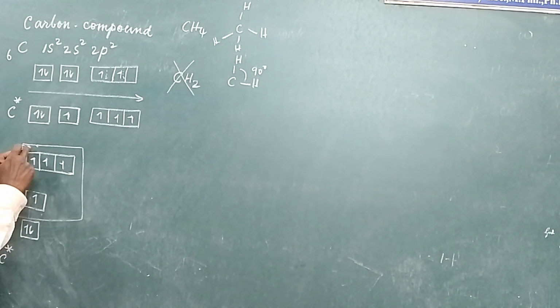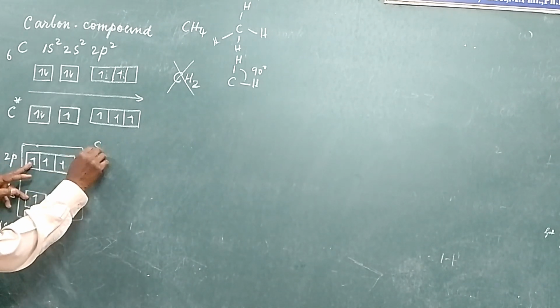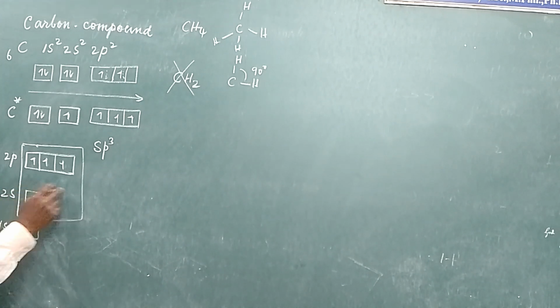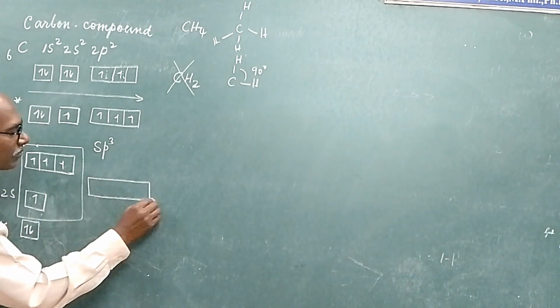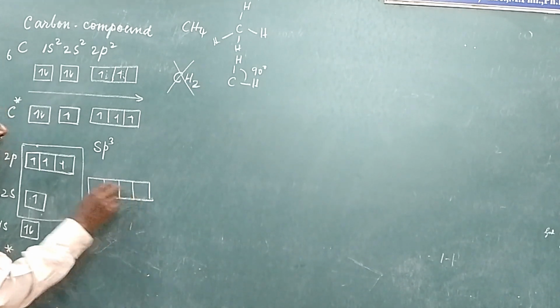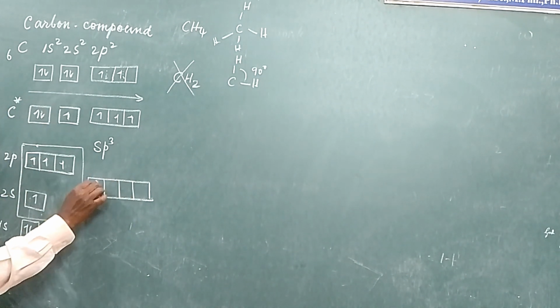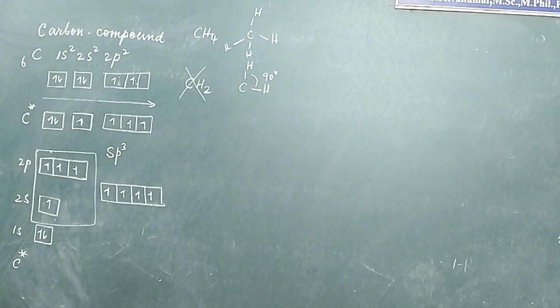So this combination of 3 p orbitals and 1 s orbital, it is called sp3 hybridization, and the hybridized orbitals will be 4 in number, and their energy will be lesser than that of p orbital and greater than that of s orbital. It is somewhere here, with all having 1 electron each.